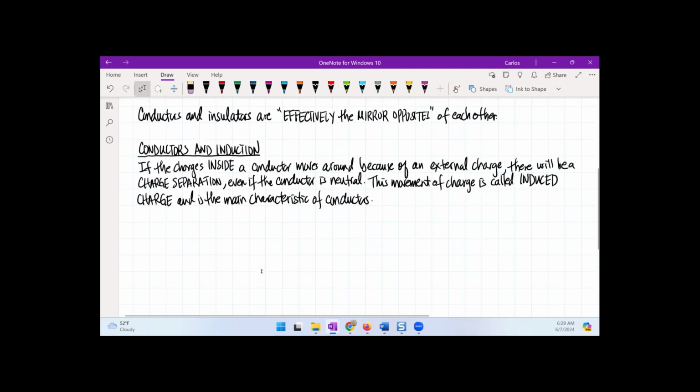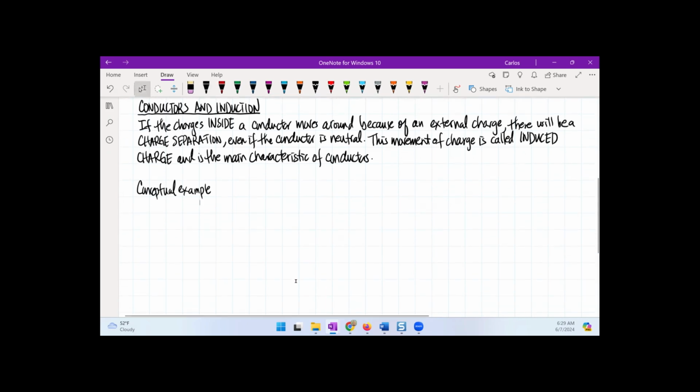So let's go through a process here. So the first thing that I have to do is start with a charged rod. So here's my conceptual example. So we start with a negatively charged rod. So let's say that here's my rod.